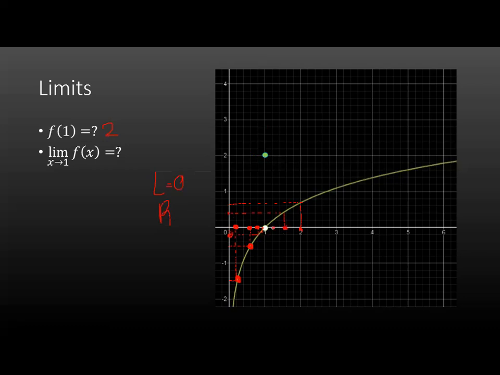Now as your x value gets closer to 1, your y value gets closer to 0. So that means as our x value gets closer to 1, it approaches a value of 0. Therefore, the answer here is 0.